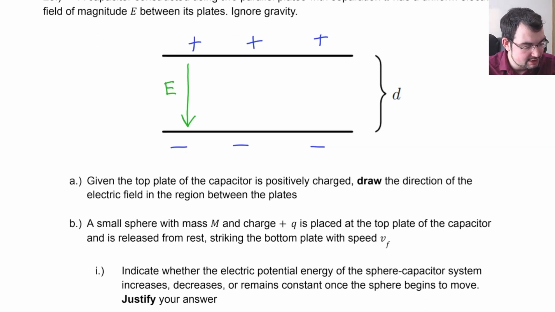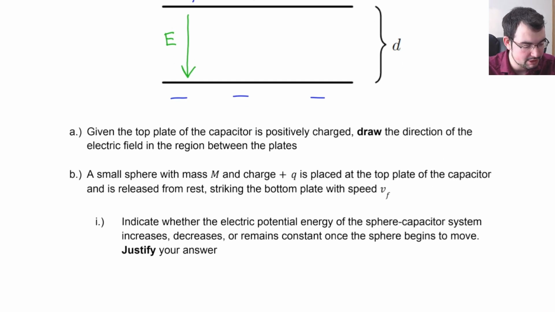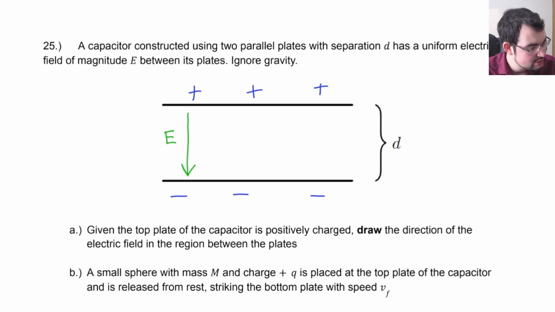A small sphere is placed at the top plate of the capacitor and released, striking the bottom plate with speed Vf. Indicate whether the potential energy of the capacitor-sphere system increases, decreases, or remains constant. So we're going to have a sphere. It's positive, little q apparently.